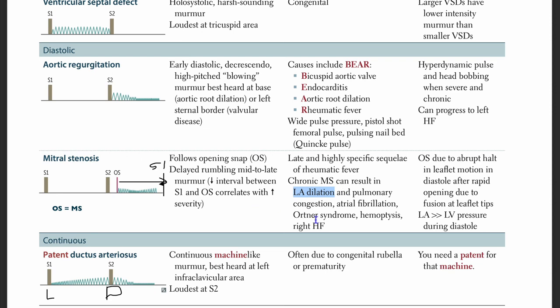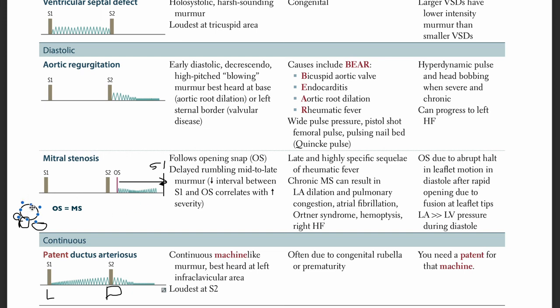left atrial dilation because, again, we did that, right? So it was something there, this was something here, and then you had the aorta on this side. So this was your left atrium and this was the esophagus. So esophagus there, left atrium there. So if this gets bigger, what's it going to do? It's going to push into this, right? So you're going to get the Ortner syndrome over there. And the left atrium is dilated because of the pressure, pulmonary congestion.